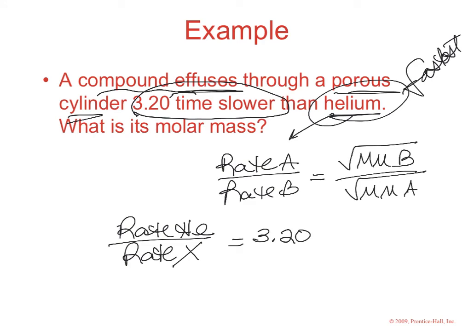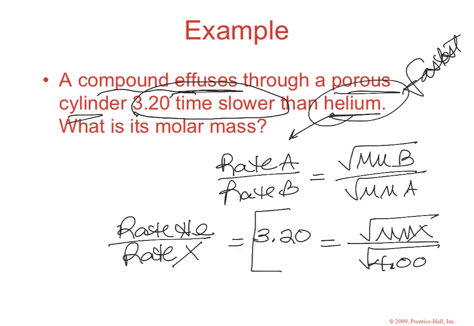So I've got helium on top, so its molar mass goes on the bottom, and the molar mass of the unknown goes on top. Instead of putting in individual rates for these two, more frequently than not, the problems will give you the ratio automatically. You just have to straighten out what goes on top, what goes on bottom. Just read it carefully.